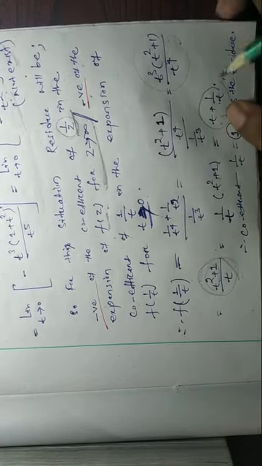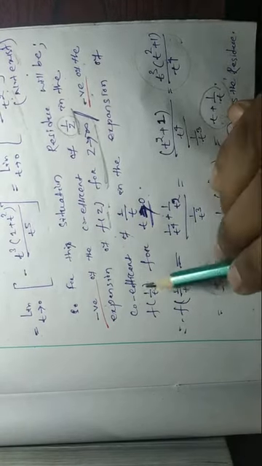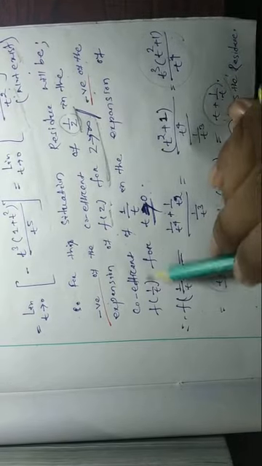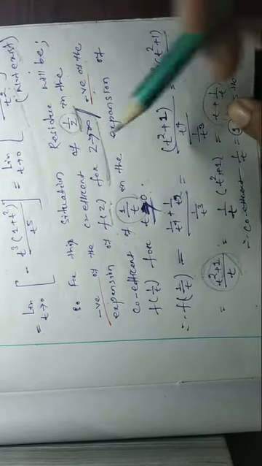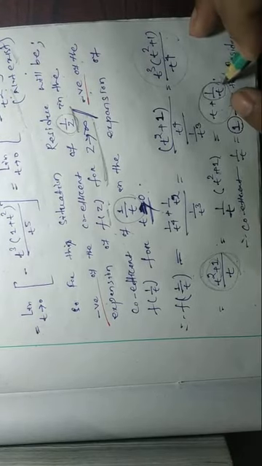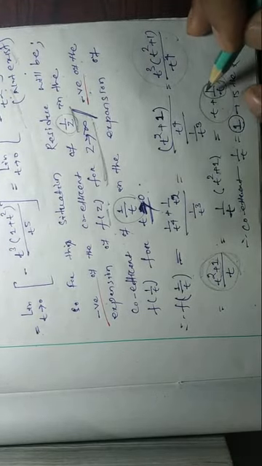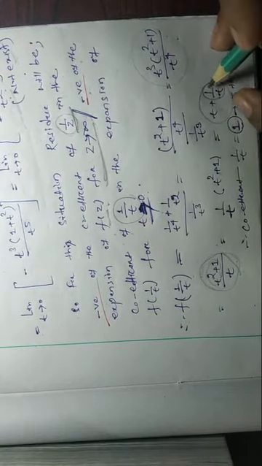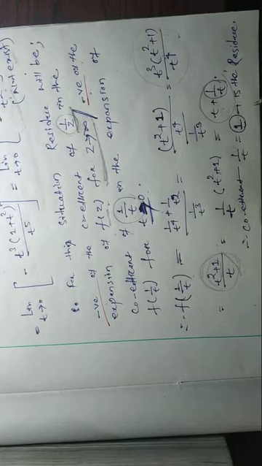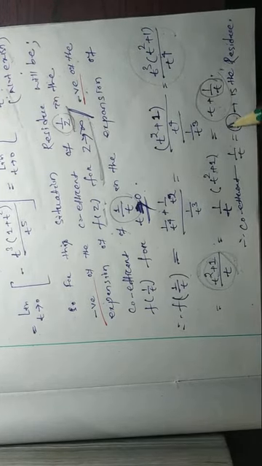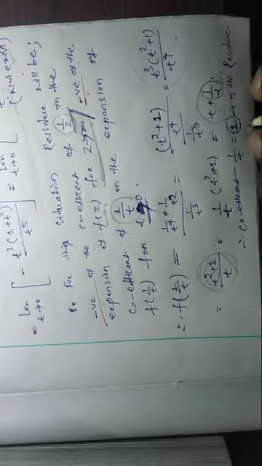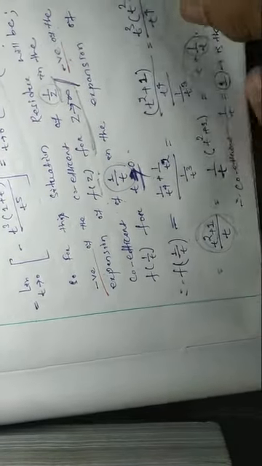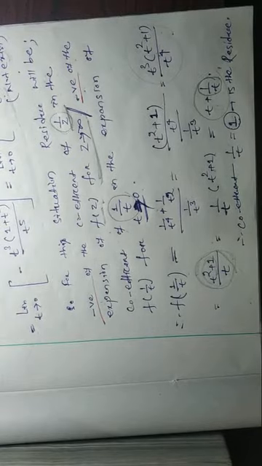Next step is that I have to search for 1 by t. What we have to do? Take the negative coefficient of 1 by t. Where is the 1 by t? 1 by t is here. What is the coefficient here? The coefficient is 1. So we have to consider the negative of the coefficient.